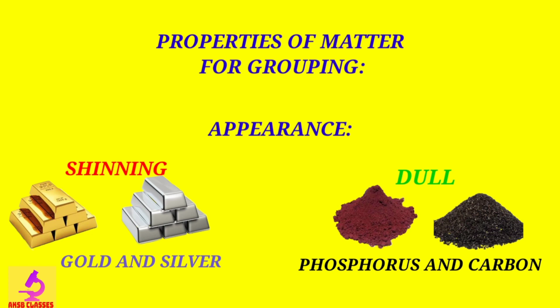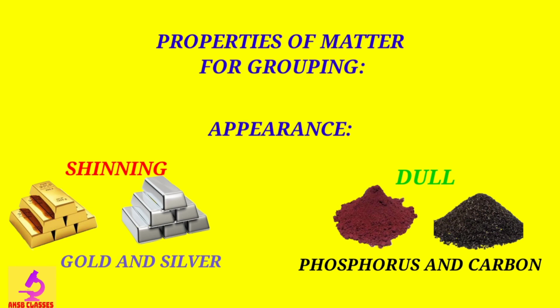It can be made up of gold or silver or platinum or any metallic, chromium. We can observe different ornaments and we observe the shining appearance.